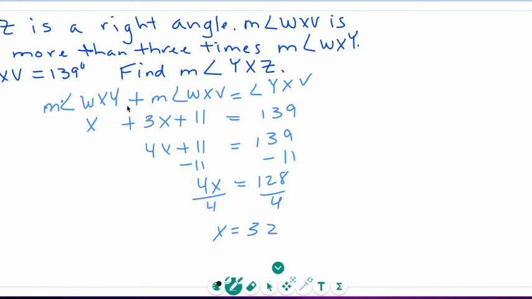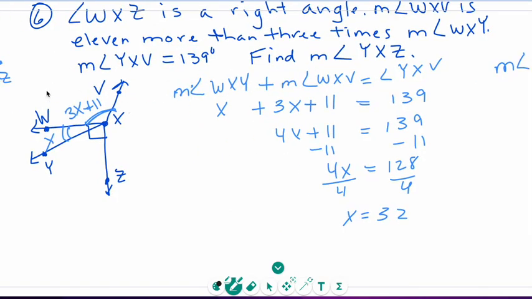So let's see what we're trying to find. We're trying to find the measure of YXZ. So if we look at our diagram here, we're looking for YXZ. We'll notice that these two angles are complementary because they make a 90-degree angle.